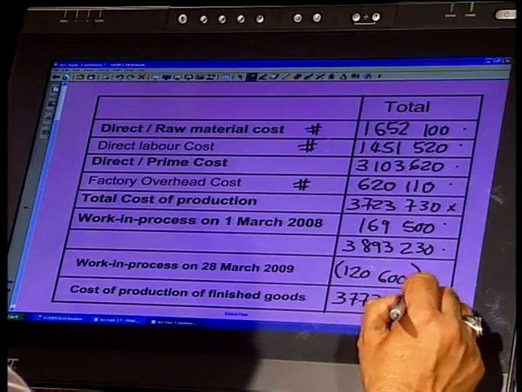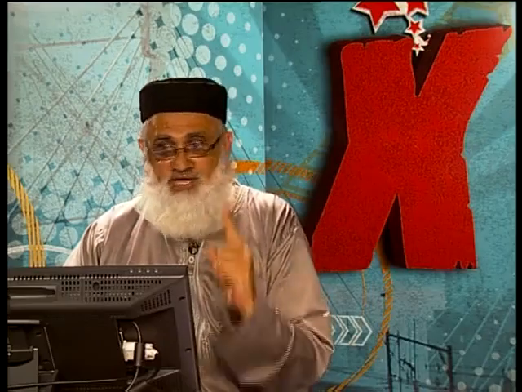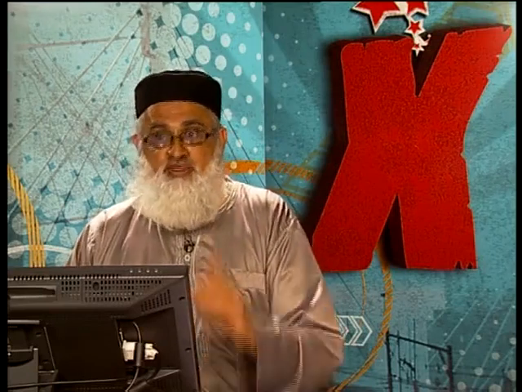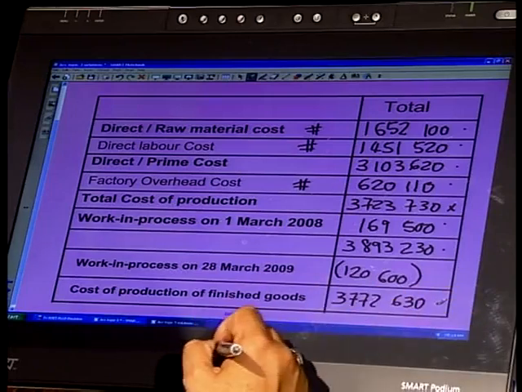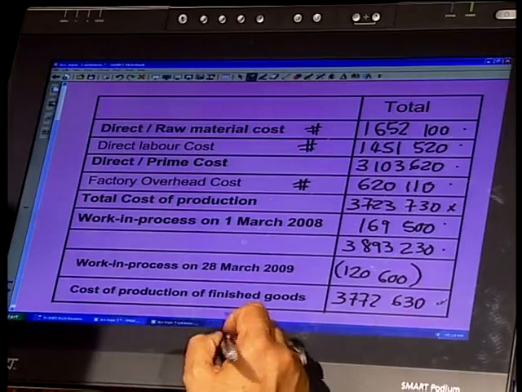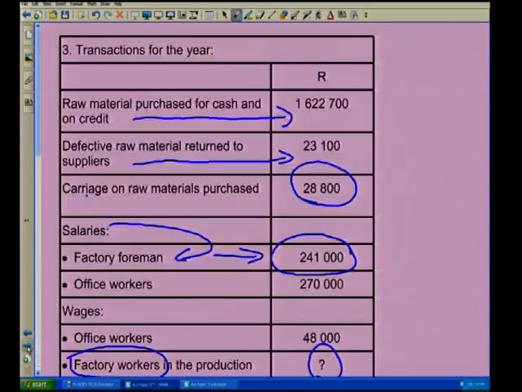Subtract that figure to give me my cost of production of finished goods, 3,772,630. That was my total cost of production of finished goods. Got that? Brilliant.